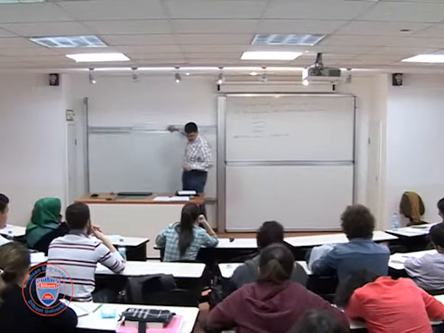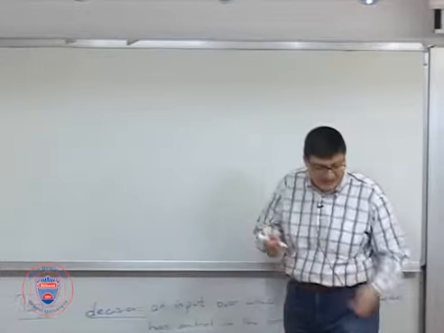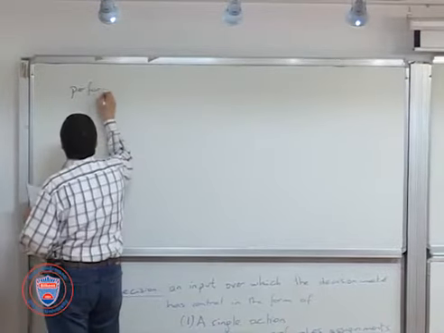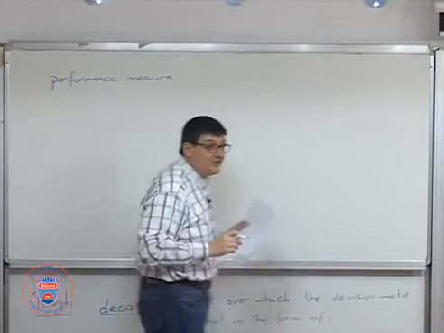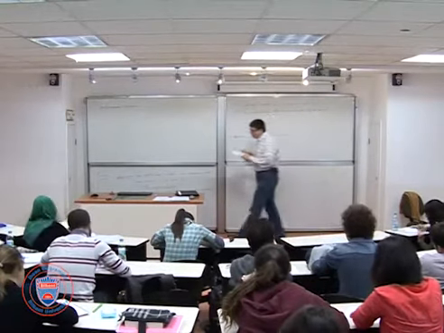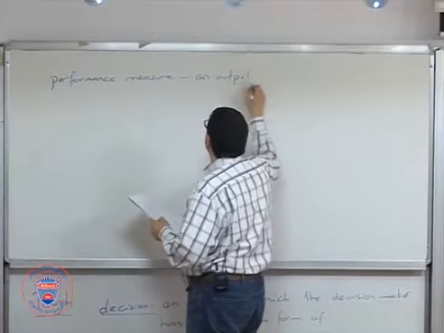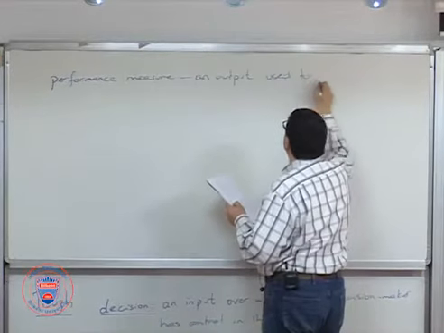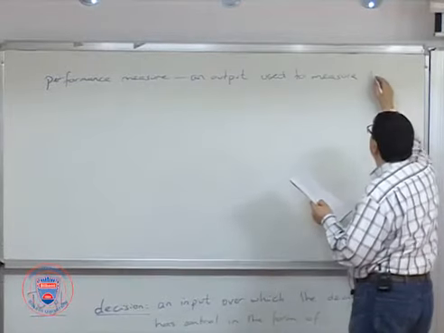Now, let me go over the performance idea, performance measure again. Now, let me specify or define performance measure again, but this time, I am going to use the word decision in the performance measure's definition. So performance measure is basically an output used to measure the system performance.